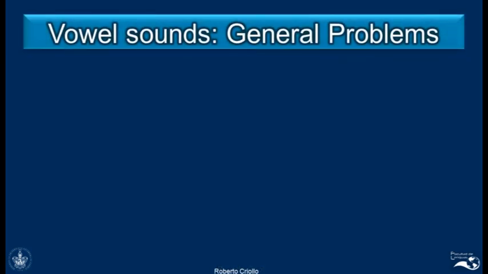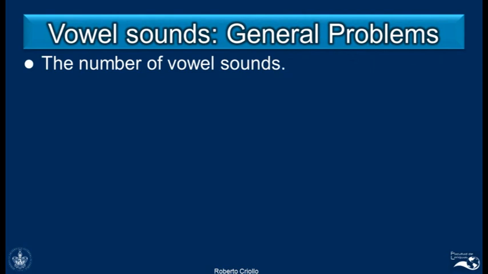Concerning the vowel sounds, the general problem that people have when learning English is the number of vowel sounds. In the case of Spanish, there are 5 vowel sounds, whereas in English there are 14 vowel sounds. So this is a first problem. The second problem is the distinction between tense and lax vowels, because in Spanish there are only lax vowels.